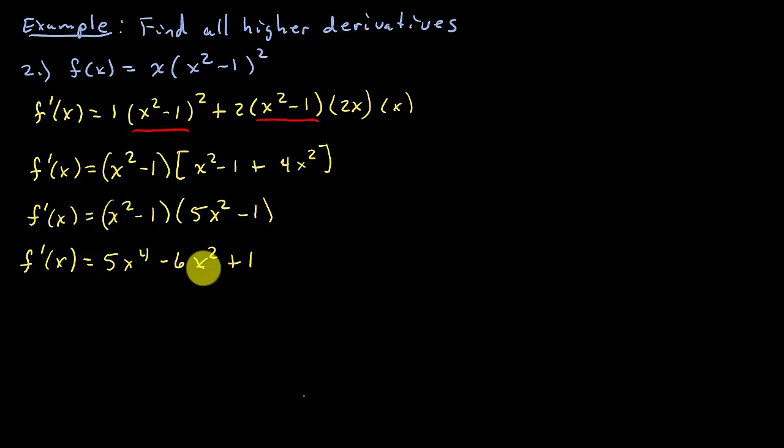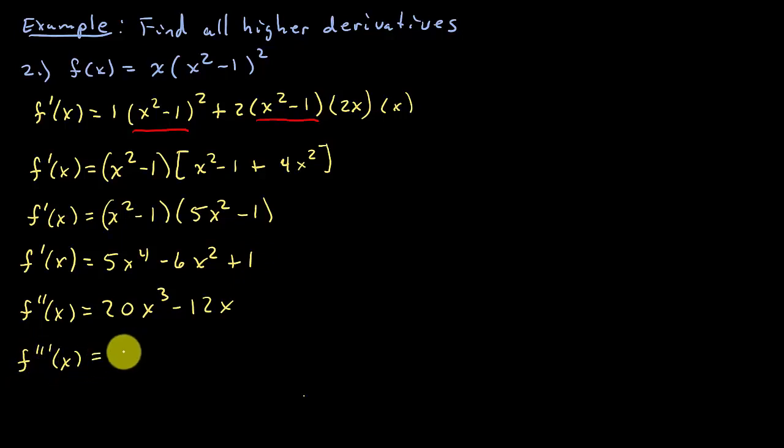All right, so now let's keep taking the derivative of this until we get to 0. Okay, so I've got f double prime of x is equal to 20x cubed minus 12x, and the derivative of 1 is 0. And then I have f triple prime of x is equal to 60x squared minus 12.